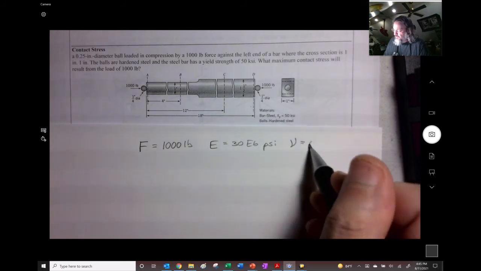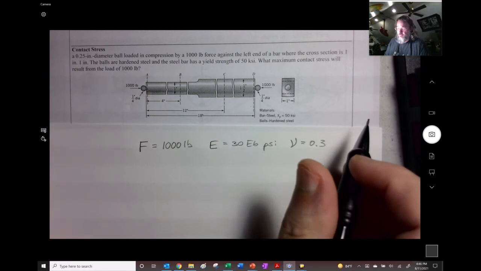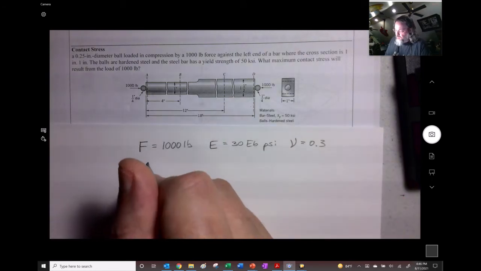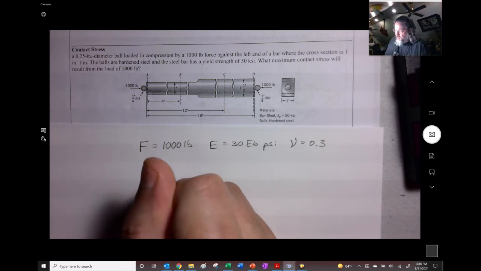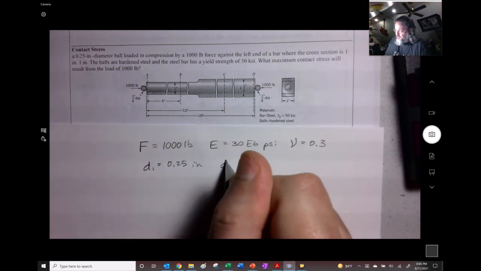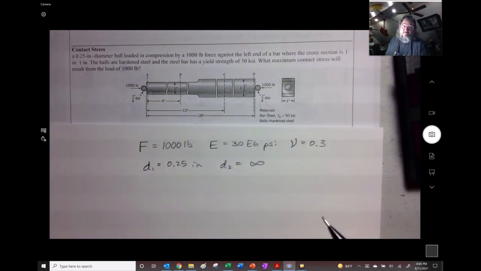And this time I used a Poisson's ratio of 0.3 because that's what's in the table right there. They didn't tell us anything more, so that's a good estimate. The diameter of one of the things is 0.25 inches, and the diameter of the other thing is infinity. It's just flat, right? It doesn't have a diameter.